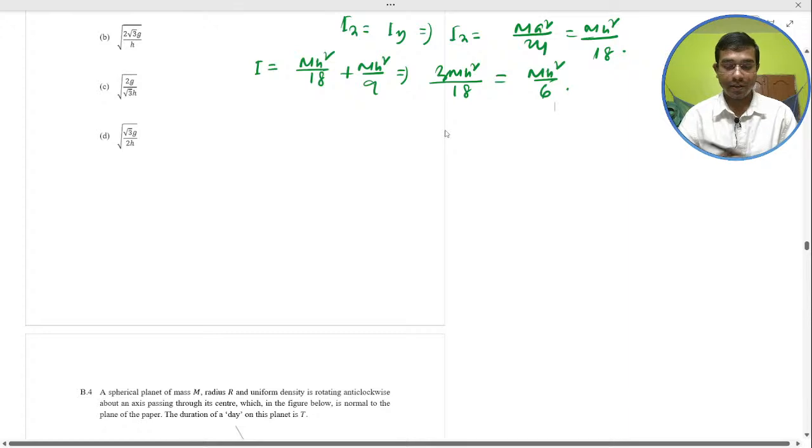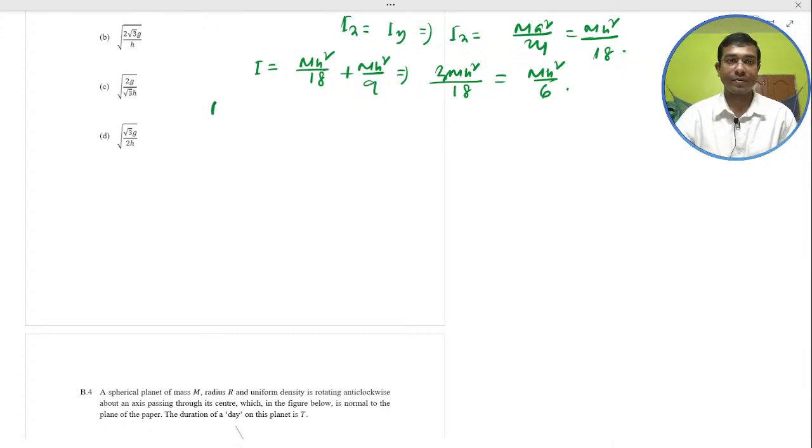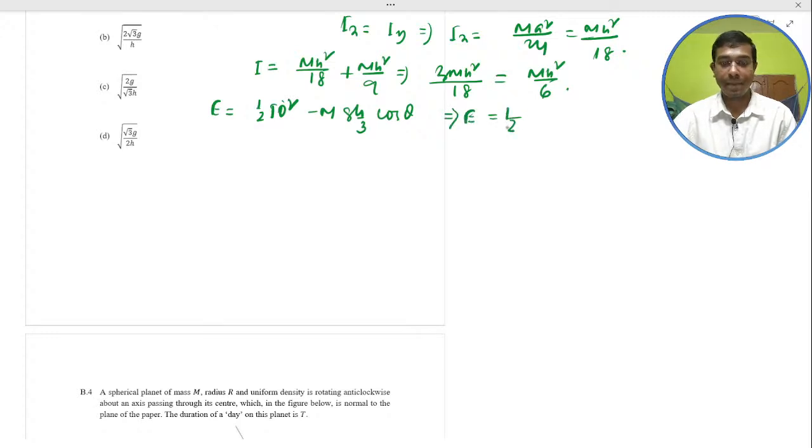Now the equation, conservation of energy: the energy is half I theta dot square minus mg h by 3 cos theta. That is E equals half m a square by 6 theta dot square minus mgh by 3 into cos theta.